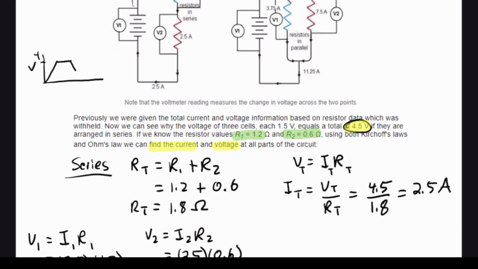After the voltage drop of 3, we only have 1.5 volts left of potential energy. We're going to go through the second resistor, drop even further down to 0, which is where we started. So that's fine. It's just like our walk. I went up at one part, I went down at another part, and I ended up right back where I started. So this is Kirchhoff's voltage law in action.